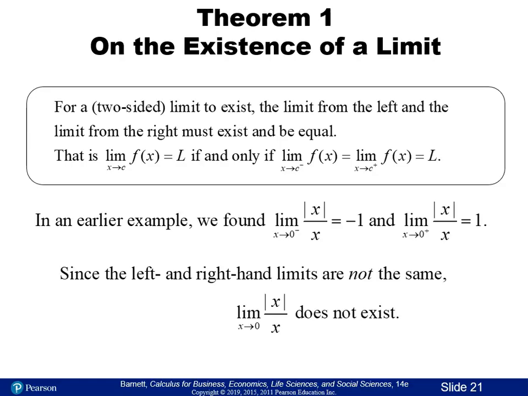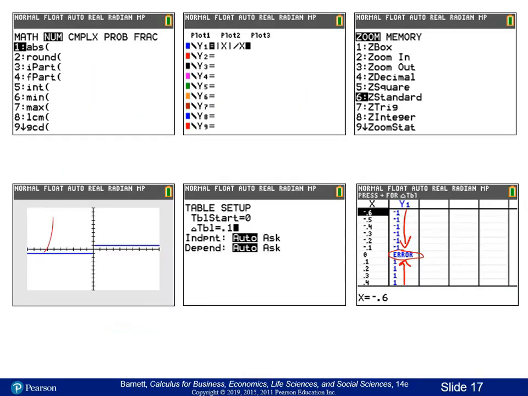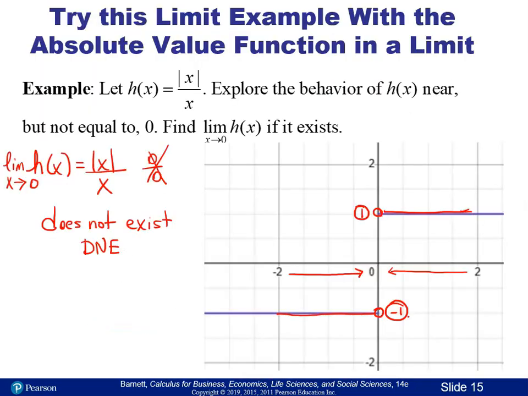Okay, so looking back at the example that we looked at a couple minutes ago, this particular one, what we could do is we could say that the limit as x approaches 0 from the right side, okay, so coming in from the right side for this particular function would be equal to 1.